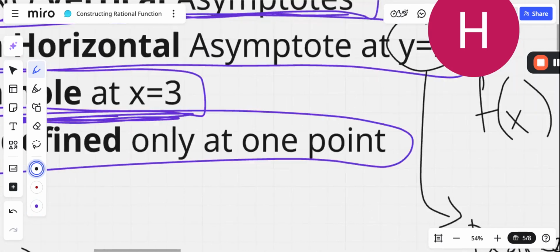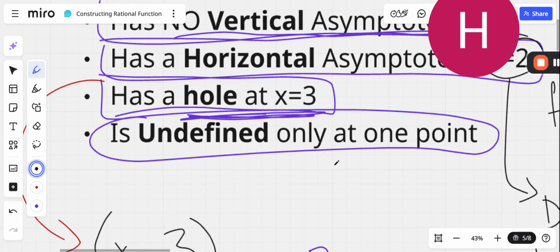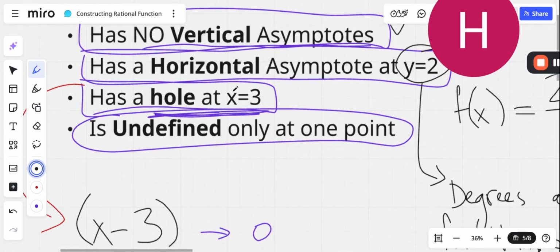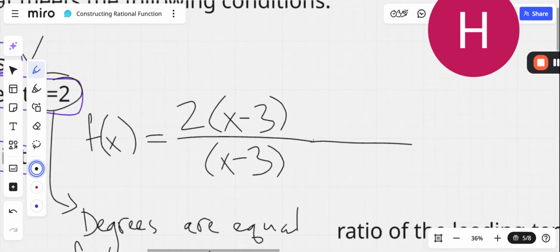That has to be the undefined point. If it said there's more than one undefined point, okay, we might have more holes or more issues, but since they tell us that there's only one undefined point, and they also tell us that there's a hole, you kind of just put 2 and 2 together and say, well, that has to be the undefined point that they're talking about.